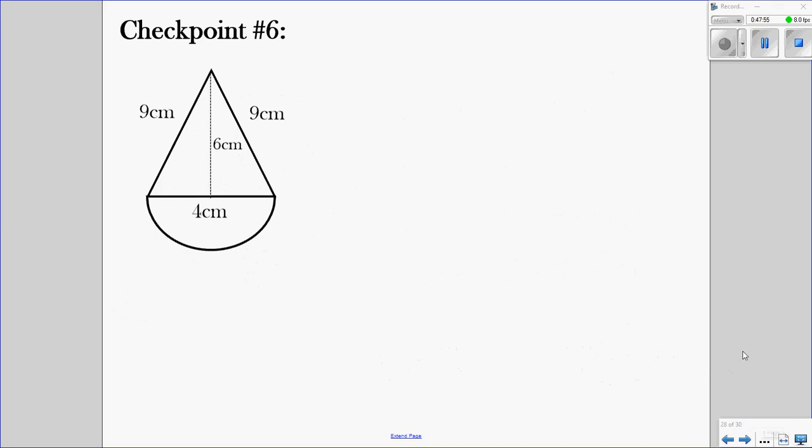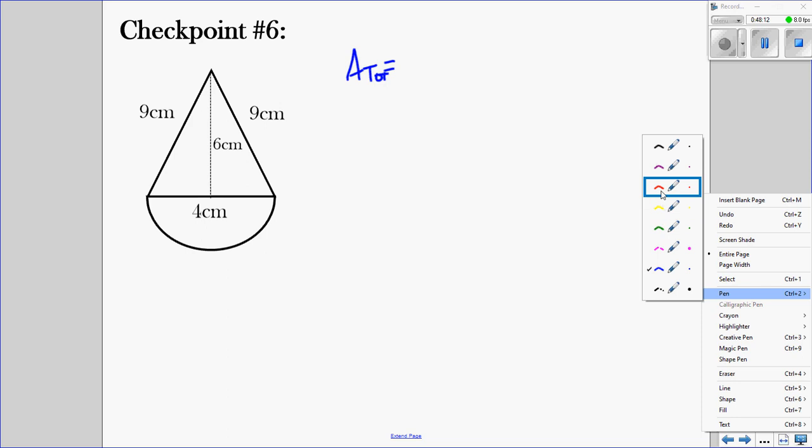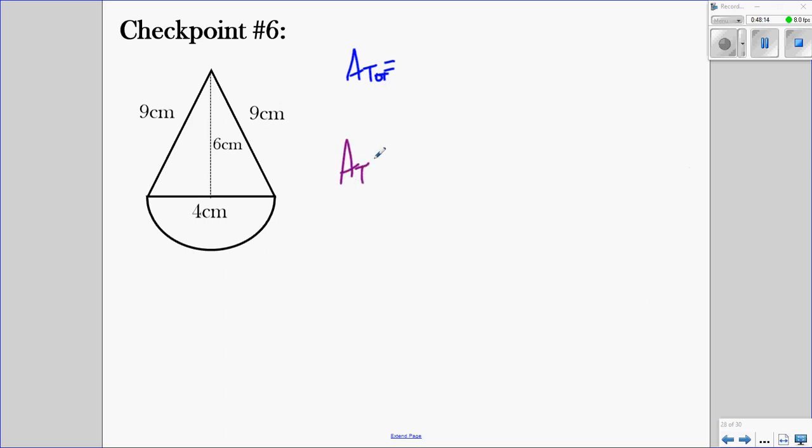The next one, we're looking for the total area. So we got 2 shapes: the triangle, and then the half circle. For the triangle, the area is half base times height.